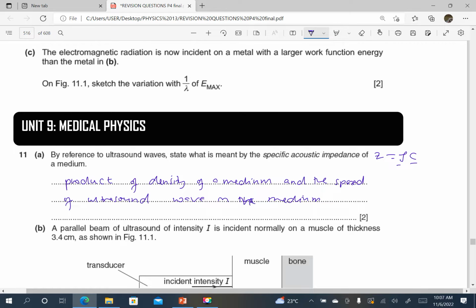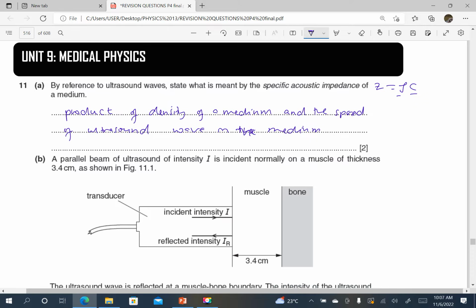The product of the density of the medium and the speed of the ultrasound wave in that medium, that's what we call the specific acoustic impedance.